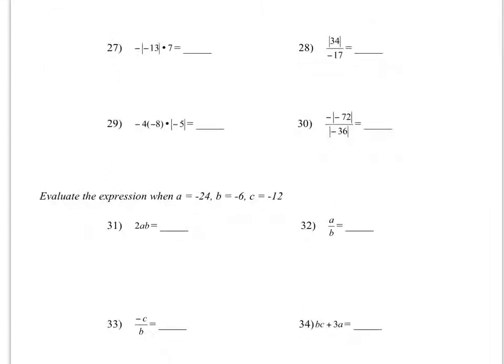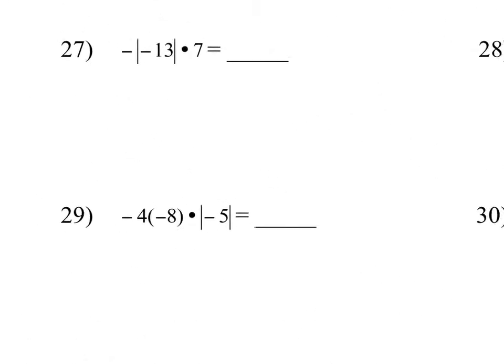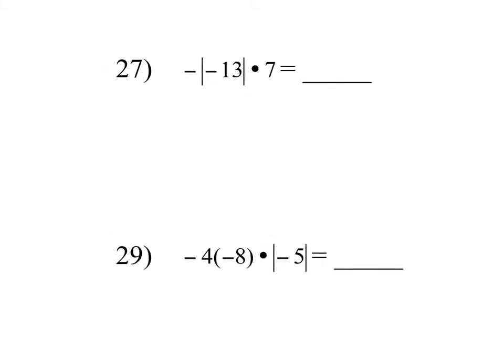Let's go to 27. Give myself a little more room here. We practiced reading these problems in class together, and we really wanted to focus on saying the opposite of the absolute value of negative 13 times 7.